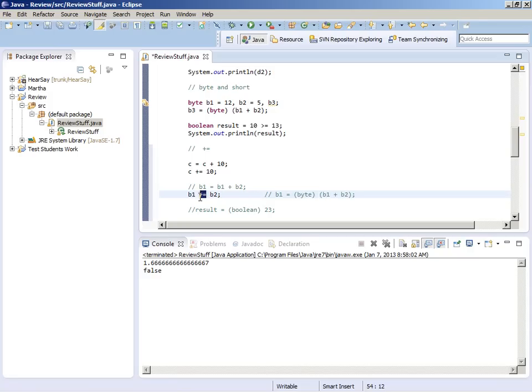So every one of these compound assignment operators has a cast operator, and the cast data type is the data type of the receiving variable. So this one would lead you to believe that we did add 2 bytes together, but we didn't. We added 2 ints together and downcast the result to a byte.